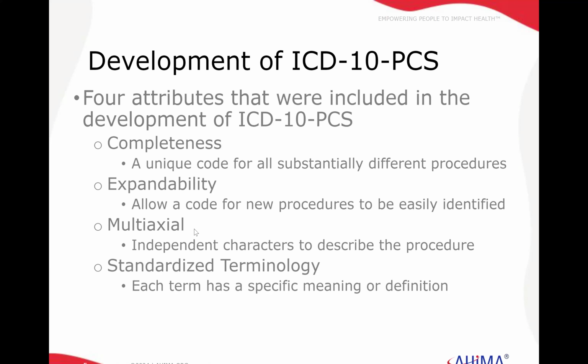It needed to be expandable. In the last 10 years or so, we have a number of procedures that didn't exist before, things like TAVRs, and an expandable coding system allows for a unique code for each of these new procedures.